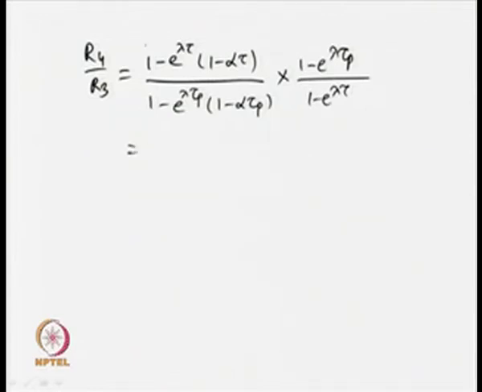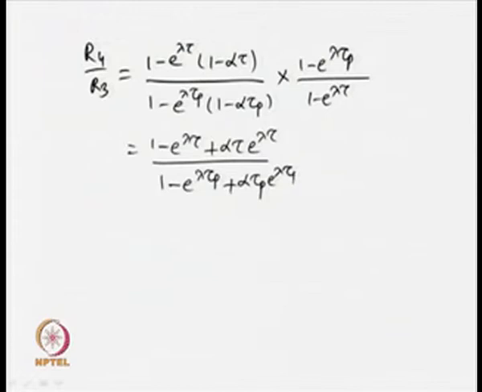So, upon expansion, the numerator of this will give us 1 minus e to the power lambda tau plus alpha tau e to the power lambda tau by 1 minus e to the power lambda tau p plus alpha tau p e to the power lambda tau p times 1 minus e to the power lambda tau p upon 1 minus e to the power lambda tau.